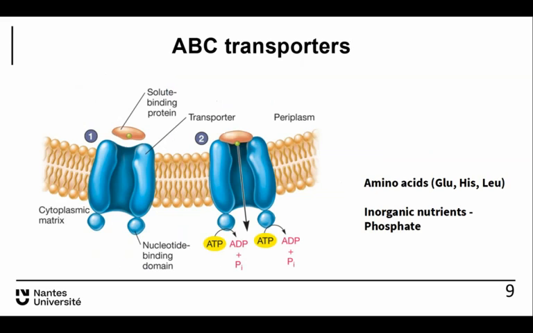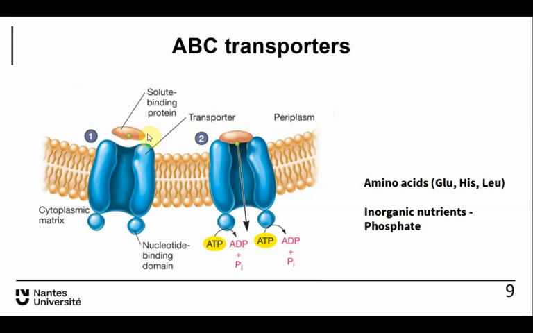So ABC transporters. ABC is for ATP binding cassette, and this is telling you that the energy for the active transport comes from the hydrolysis of ATP. There are two components in an ABC transporter. There's a solute binding protein, which is in the periplasm.